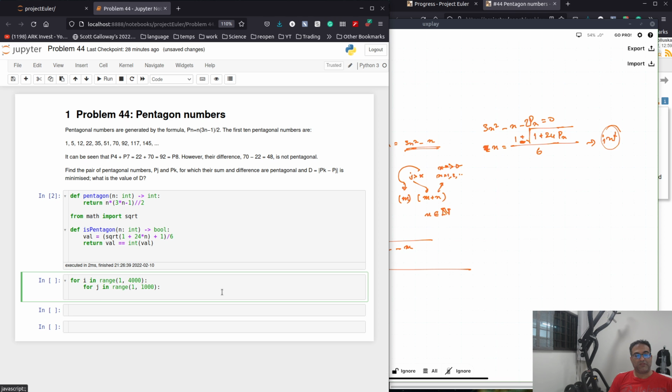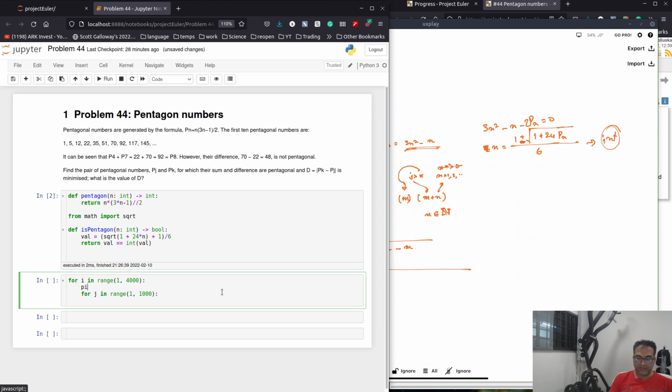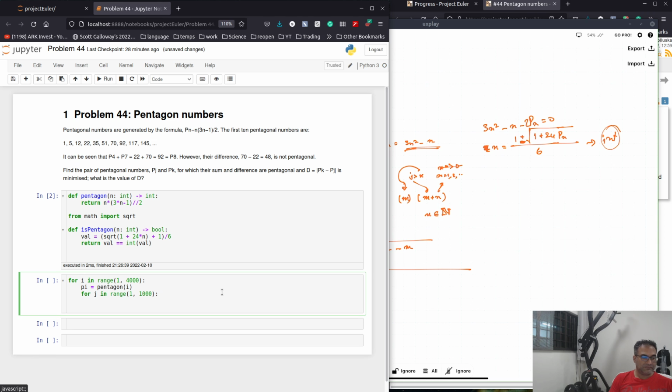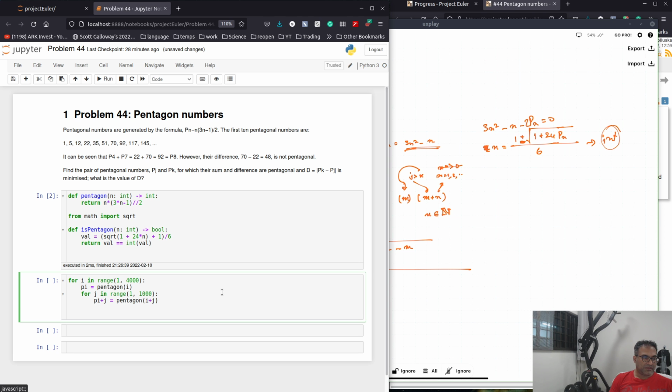So now we want to look at, given pi equals pentagonal i, so that's the pi. pi plus j is pentagonal i plus j, and i minus j is pentagonal i minus j.